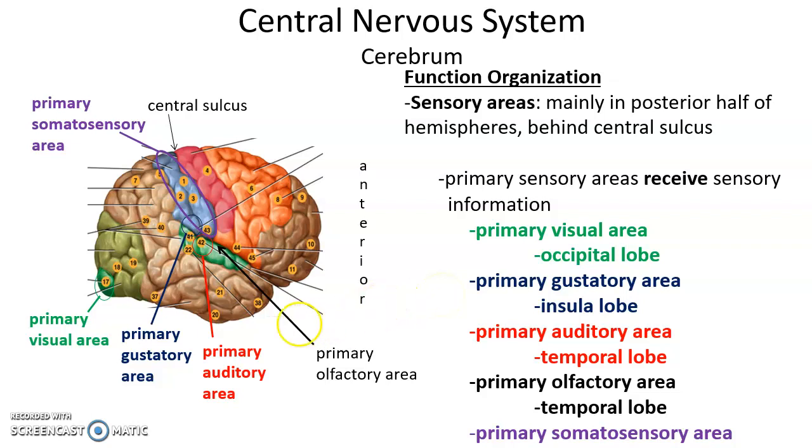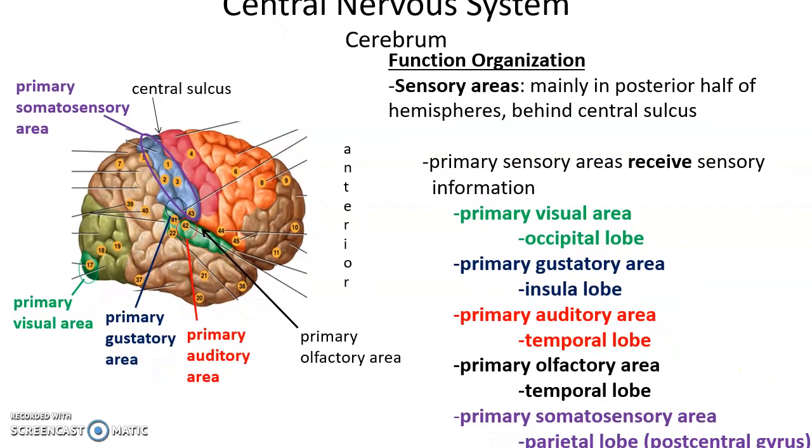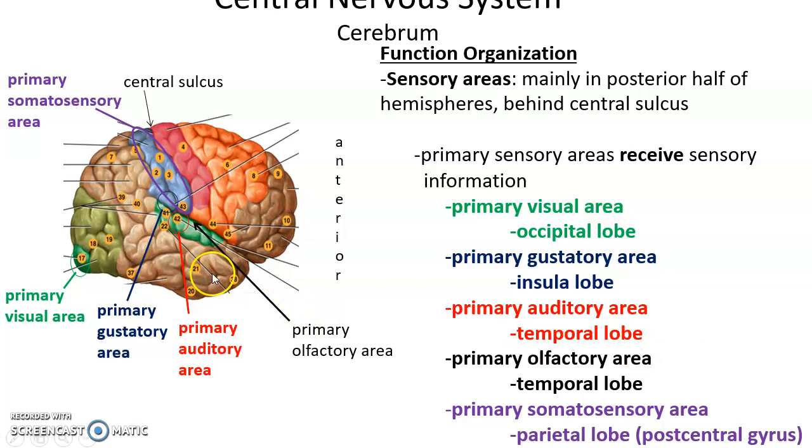We've got the primary auditory area found in the temporal lobe, the primary olfactory area also found in the temporal lobe, and finally the primary somatosensory area in that post-central gyrus of the parietal lobe. Again, primary somatosensory area, that's the sensations of the skin, touch, tickle, itch, pain, temperature, and so on.